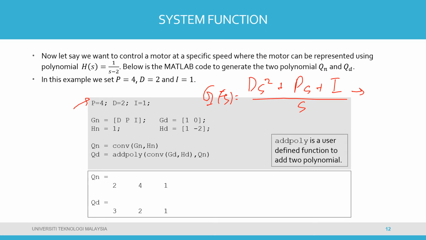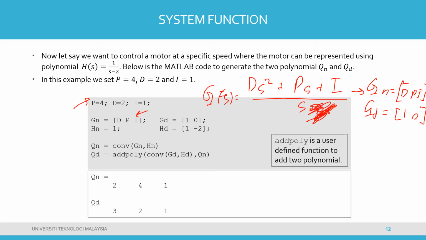To convert this into vectors, you have the G numerator and G denominator, the top one and the bottom one. So you convert this into d p i, it becomes like this. For the denominator, of course, s plus 0, s to the power of 0, so basically 1 0. Be careful, you cannot just ignore this.